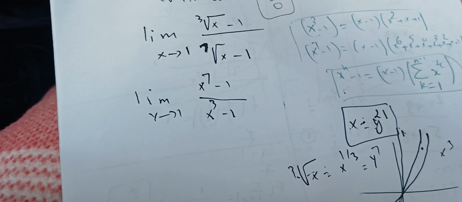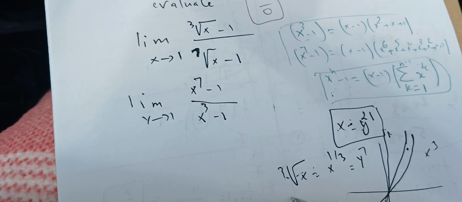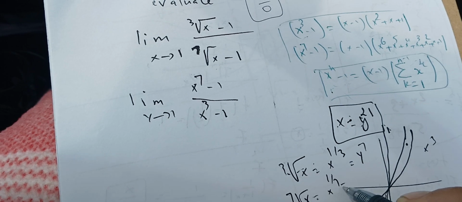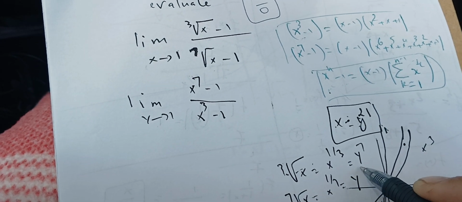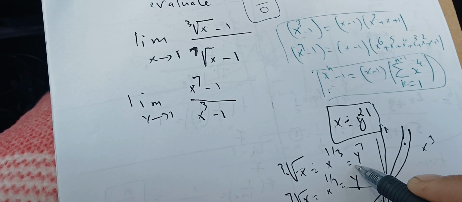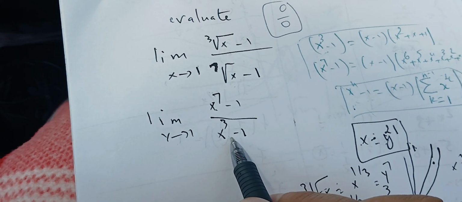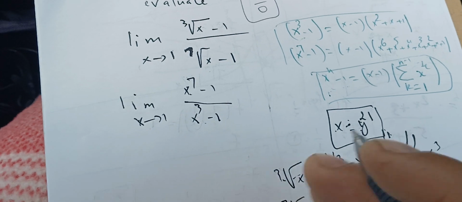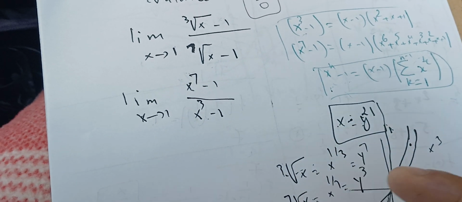The same thing here: the 7th root of x is x to the power 1 over 7, which is y to the power 21 over 7, that is 3. Here I put x; it's the same. x and y are just silent variables, it doesn't matter.